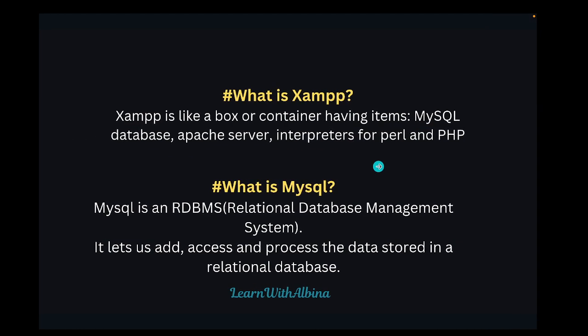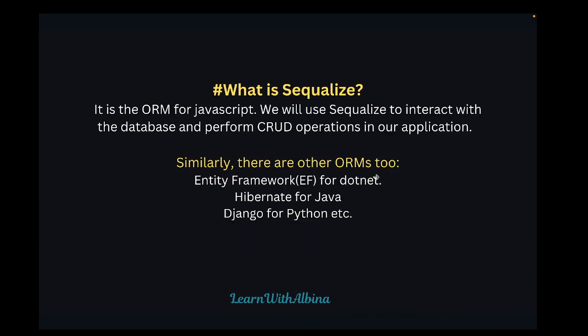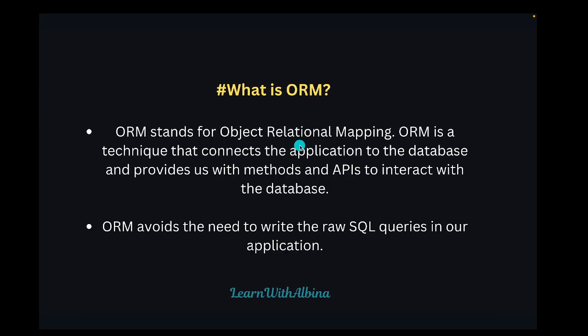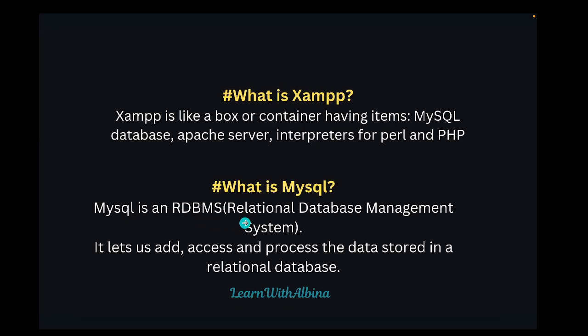In our application we will use the MySQL database and the Sequelize ORM in order to interact with the database. I wanted you to know these concepts because they are very, very important. As a conclusion, I would like to say once again that in our application we will use the MySQL database, which is a relational database.